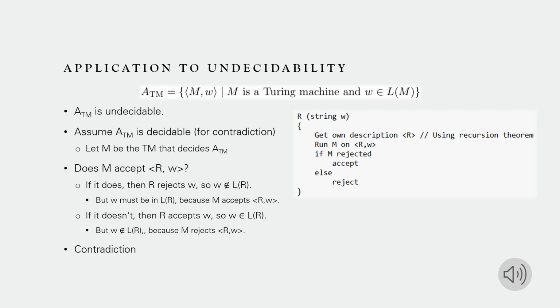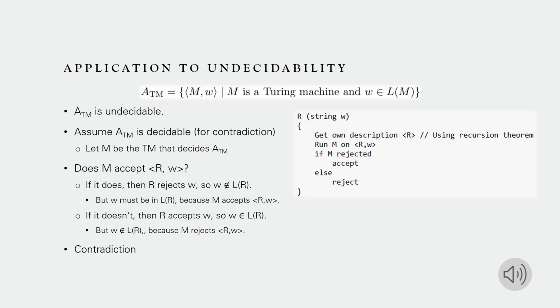To show that it's undecidable, we use a proof by contradiction, so we assume that A is decidable, and we call the Turing machine that decides A M. And we construct this program called R, and we ask whether M accepts R and W. This machine R uses the recursion theorem to get its own description, and it's designed to make M give the wrong answer.